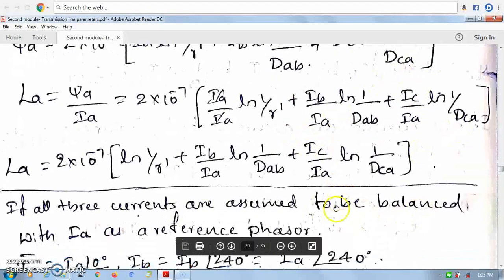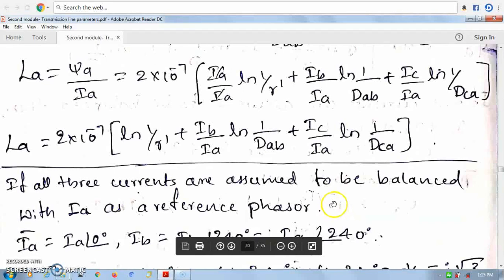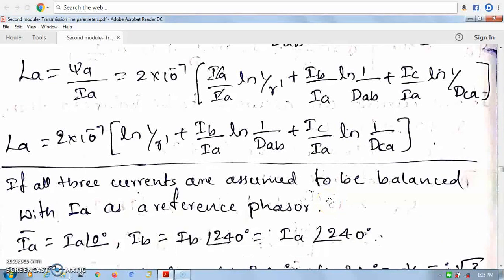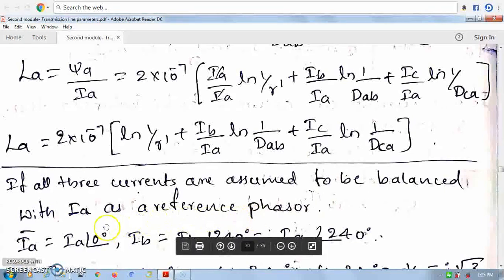These three conductors are unsymmetrically spaced, so we have to assume the three currents are balanced with respect to the current IA, because our reference phasor is IA.